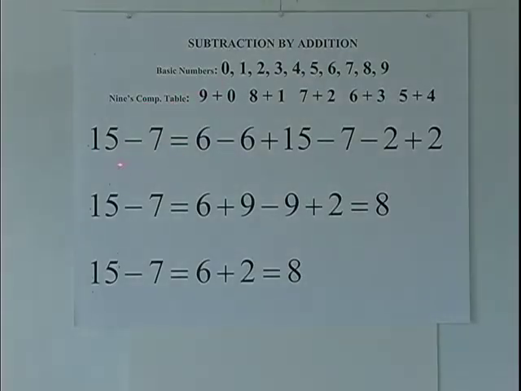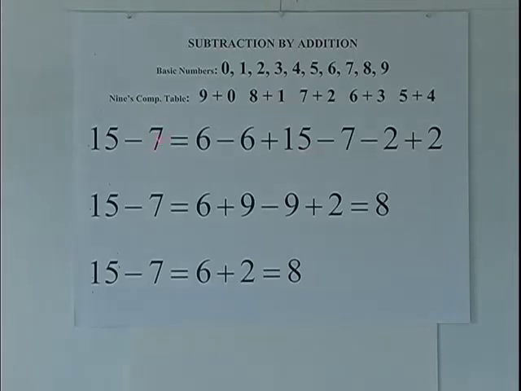The first subtraction I will do by subtraction. I will add the numbers in the minuend, 1 plus 5, that's a 6, and write minus 6 plus 6 next to 15. 6 minus 6 is a 0, and when I add that to 15, I get 15.